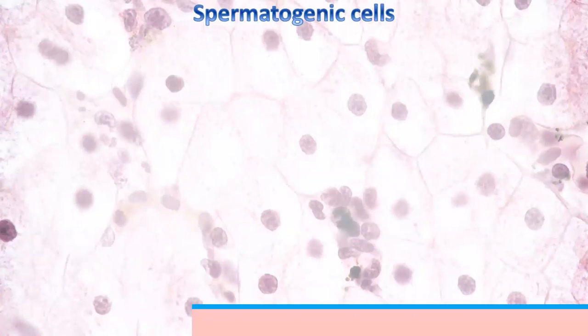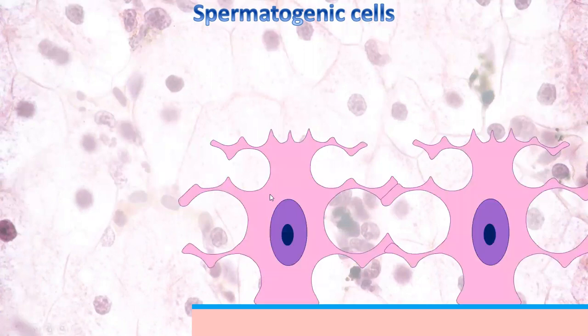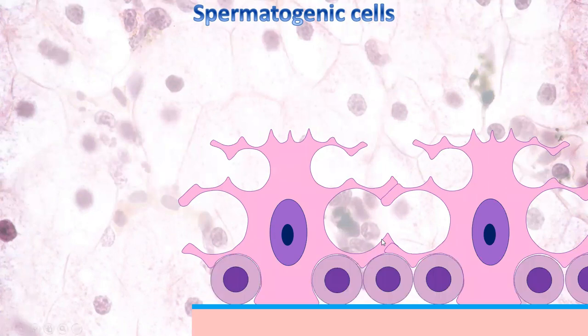So let's go to the main cells of the spermatogenic epithelium. They are spermatogenic cells. Here we can see Sertoli cells, and on their lateral sides, on their processes, spermatogenic cells are situated. Here we can see cells which are located near the basal membrane. They are called spermatogonia.